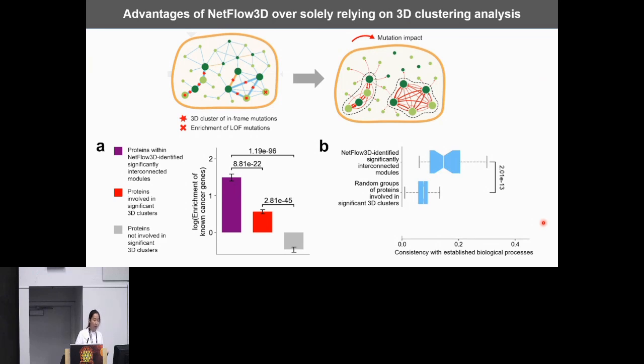Importantly, this higher consistency is not simply an outcome of the network topology, because when we randomly select some connected components from the network, these connected components still demonstrate much worse consistency compared to the NetFlow 3D identified modules.